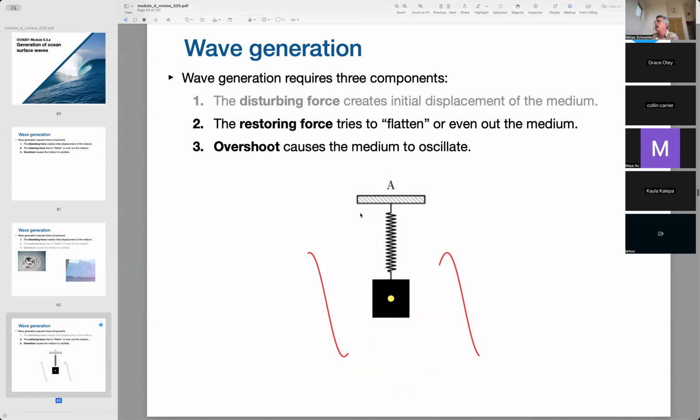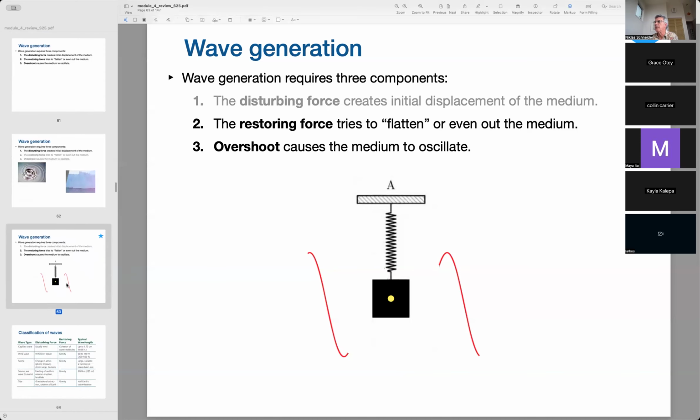So for the spring, it's a combination of the spring itself and gravity. For the ocean, the restoring forces in general tend to flatten or restore the perturbation back to its original position. Inertia in the system can cause it to overshoot and generate an oscillation.